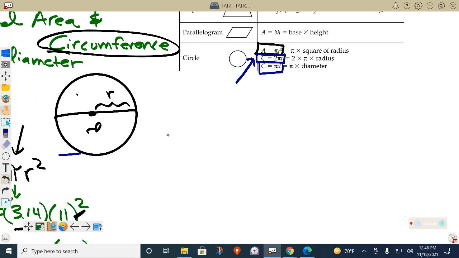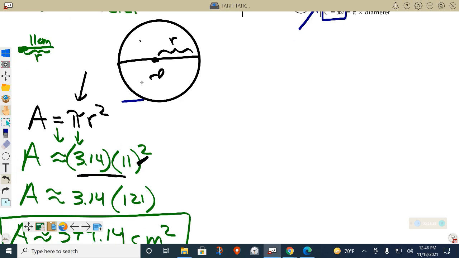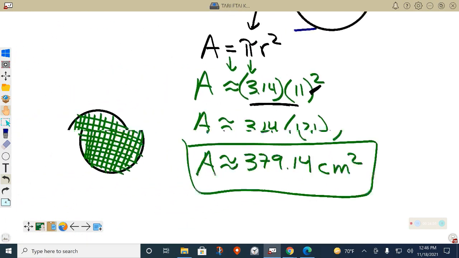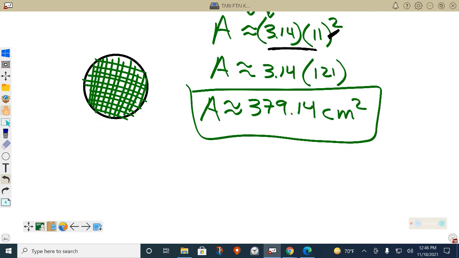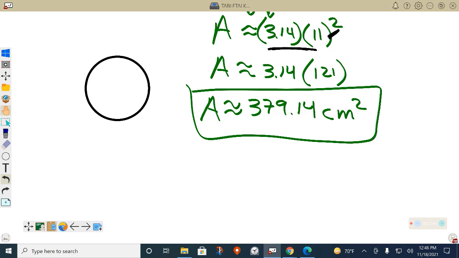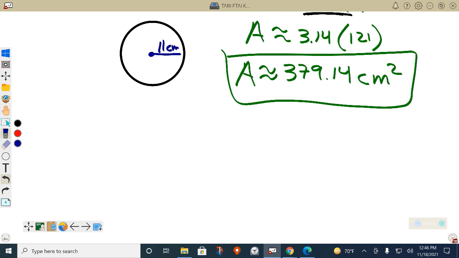So let's find the circumference of this circle now. Here we go. So remember the radius of the circle was 11 centimeters. Circumference in Dodger blue is 2 times pi times the radius.